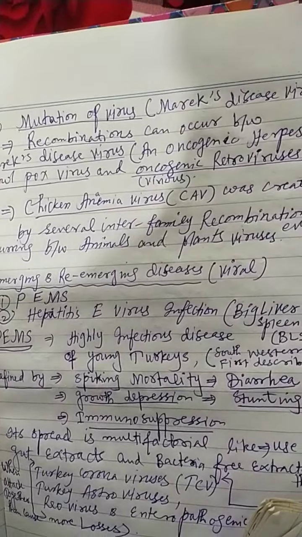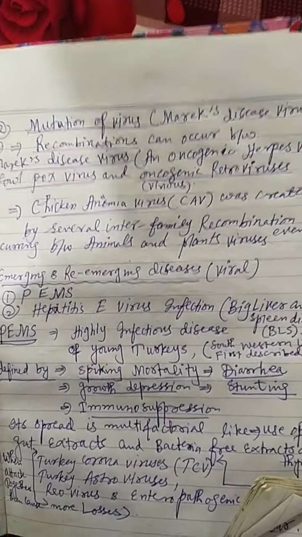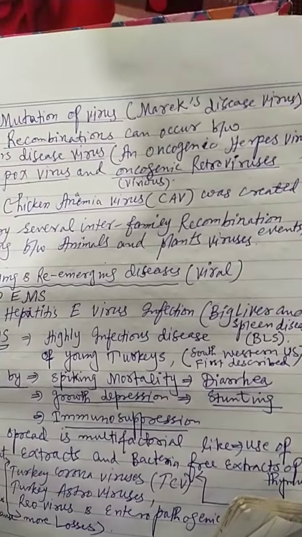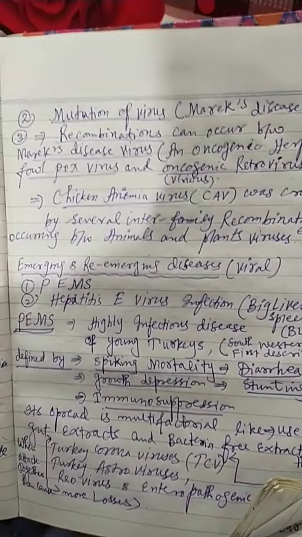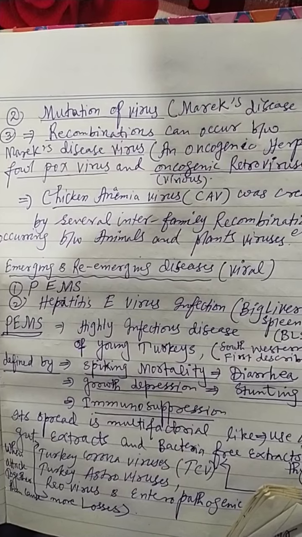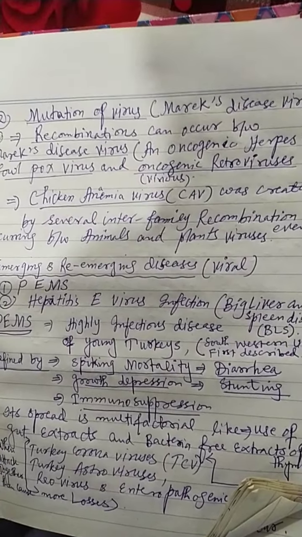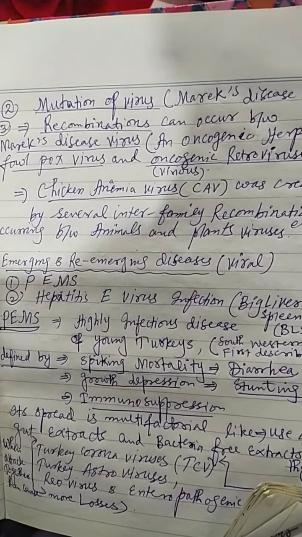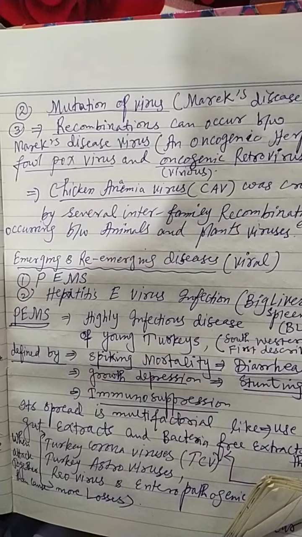That is a highly infectious disease of young turkeys. It was first described in southwestern USA, and PEMS is defined by spiking mortality, diarrhea, growth depression, stunting, and immunosuppression.